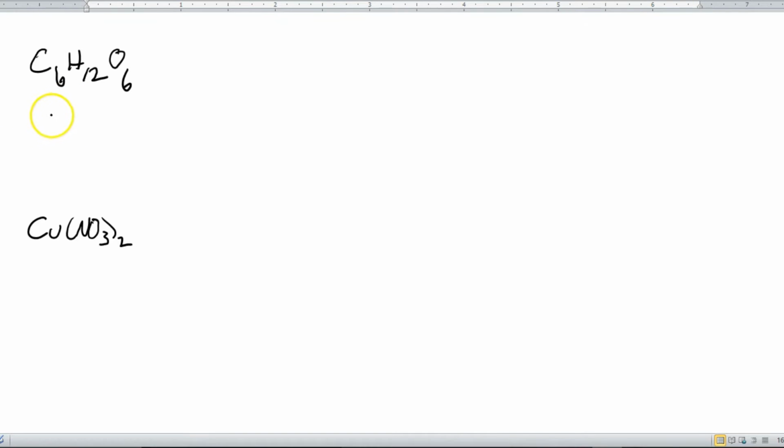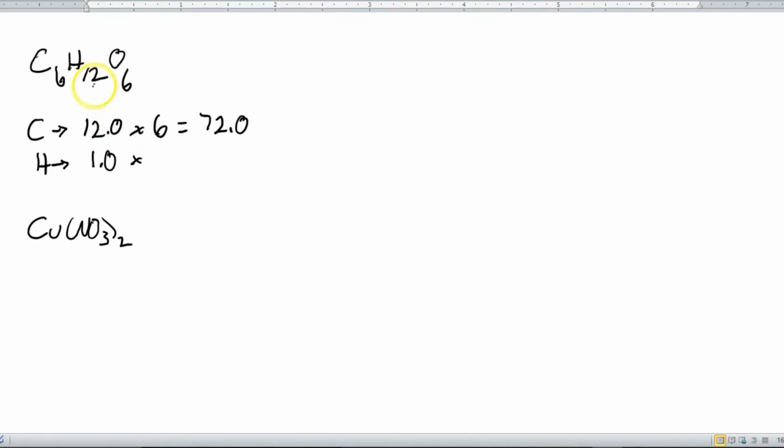Same as we did before. Carbon here has a mass of 12.0, and we're going to multiply that by how many carbons there are, which is 6. When we multiply that out, we get 72.0. Hydrogen here has a mass of 1.0.